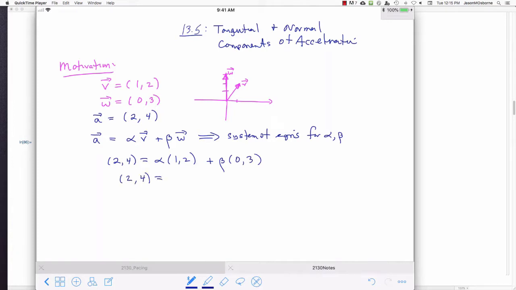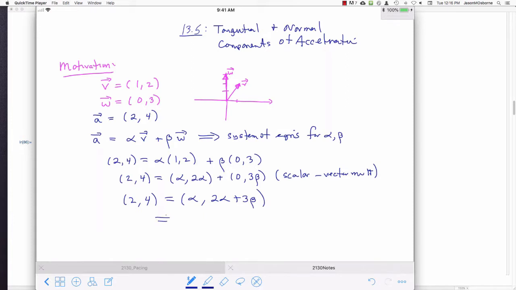And the goal is to use your vector properties, the scalar vector multiplication at this step. And then we will add the two vectors together, alpha and then 2 alpha plus 3 beta, right?